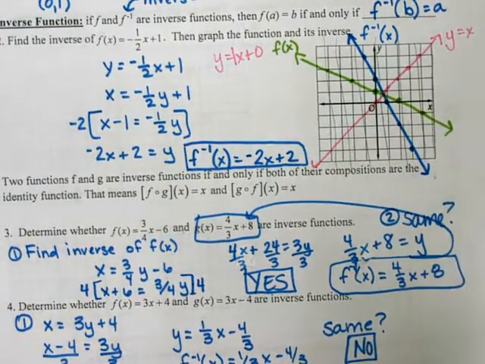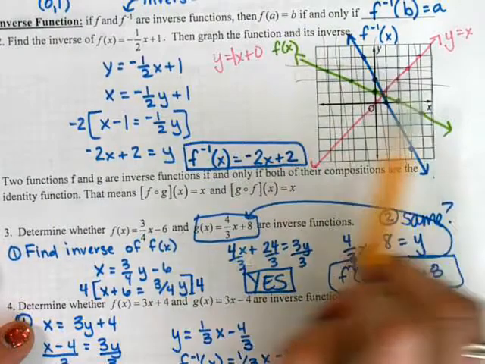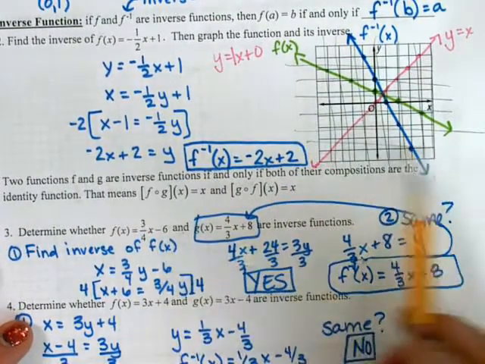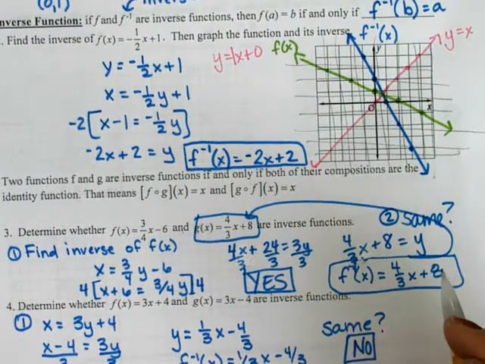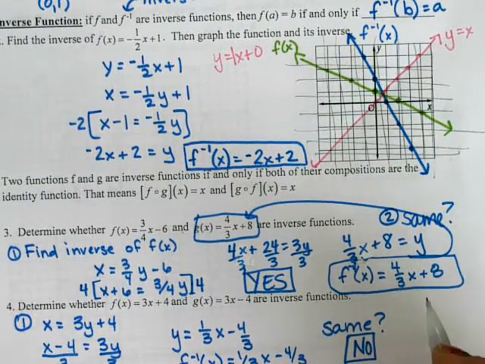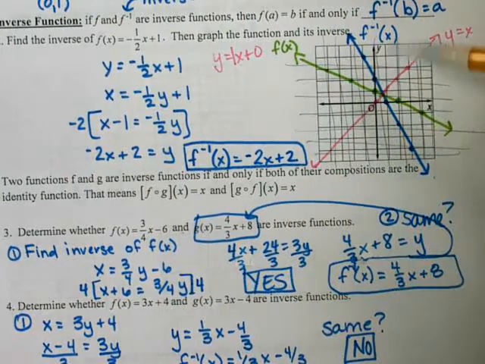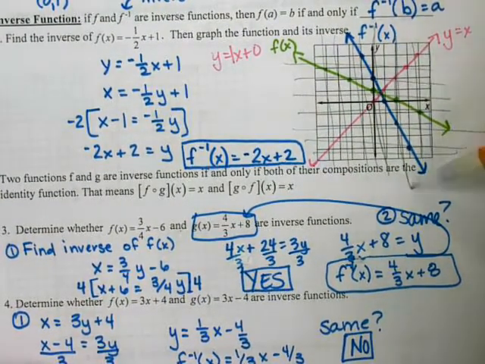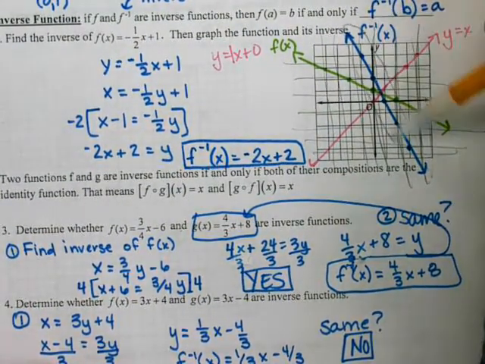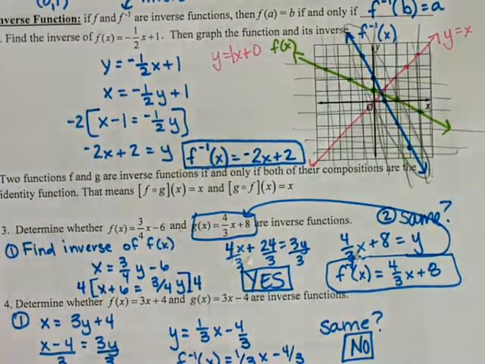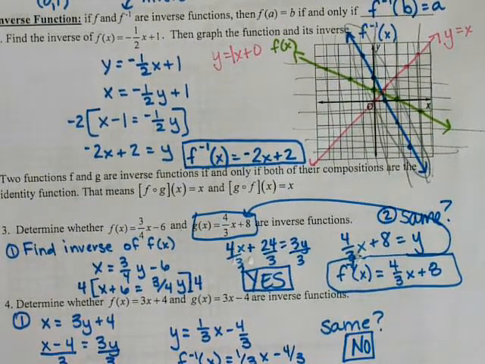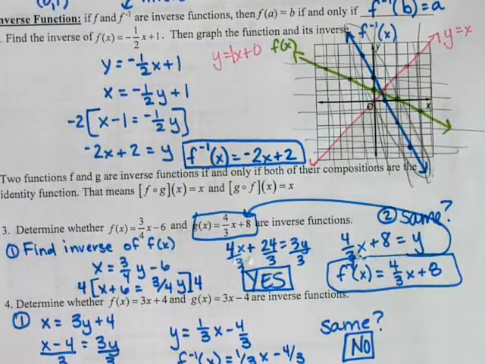If I do the horizontal line test on it, and no matter where I draw a horizontal line, I touch my graph only once, that means it's a one-to-one function, meaning its inverse will also be a function. Does that make sense? Or the other thing you could do is graph your inverse and see if this guy's a function. Do the vertical line test on it. So a one-to-one function means it passes both the vertical line test and the horizontal line test.